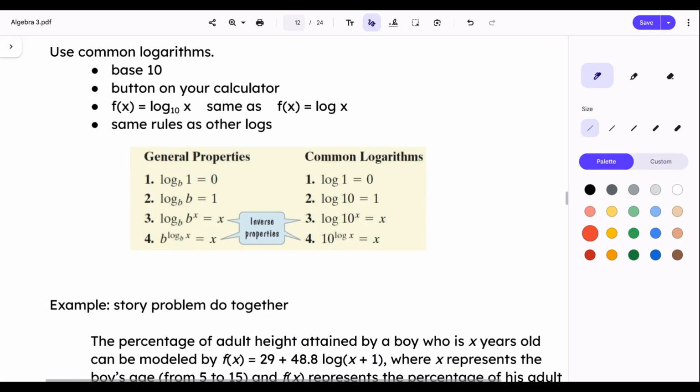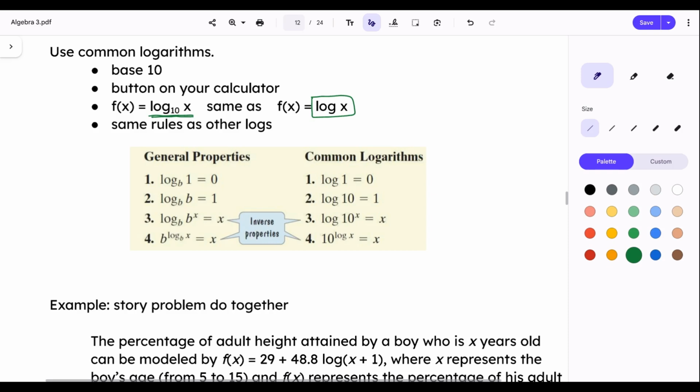A common logarithm is when it's a base 10. A lot of times, it could be written with a 10 in the subscript spot. But what that really means is it would look like this, log x. If something is a logarithm with a base 10, we normally don't keep the 10 in the spot. We usually just drop that from the problem.